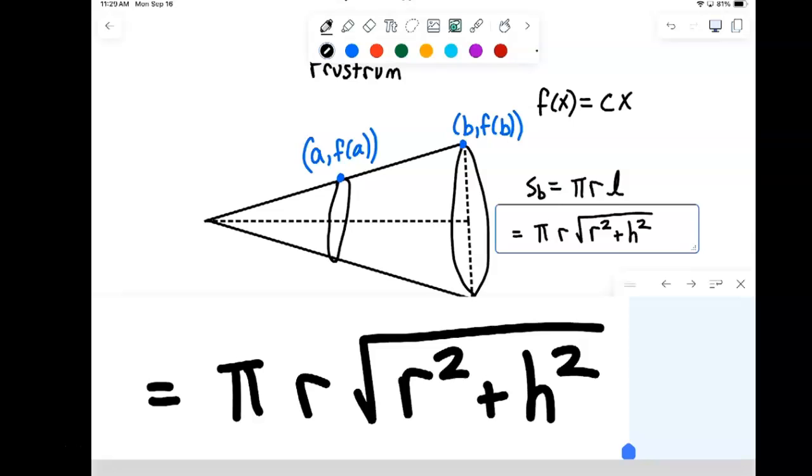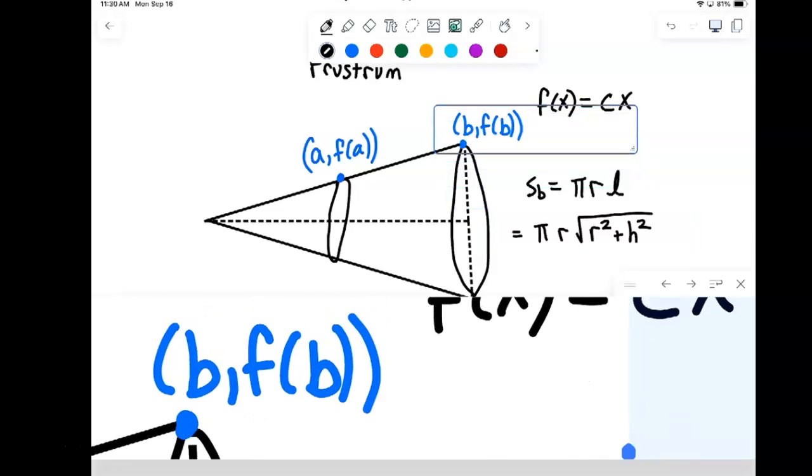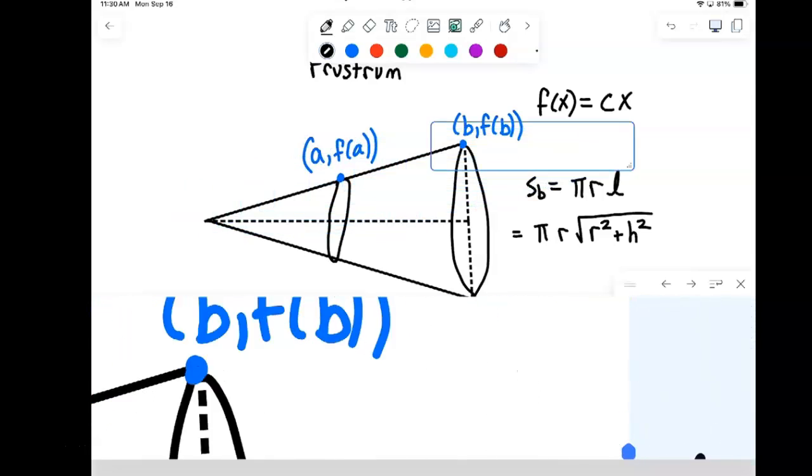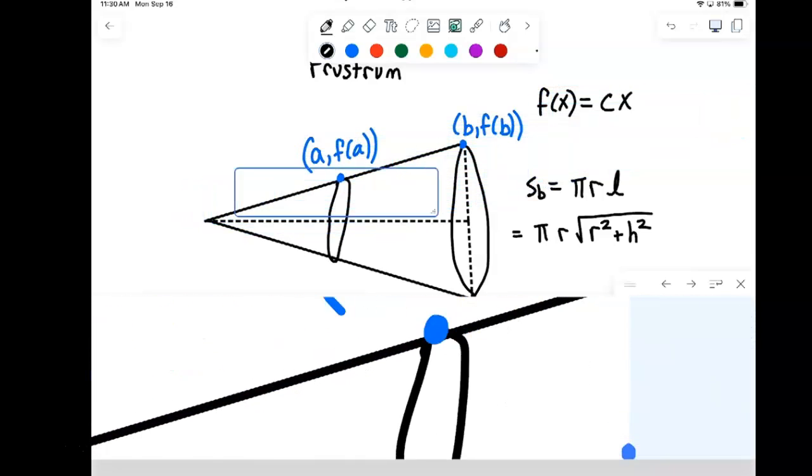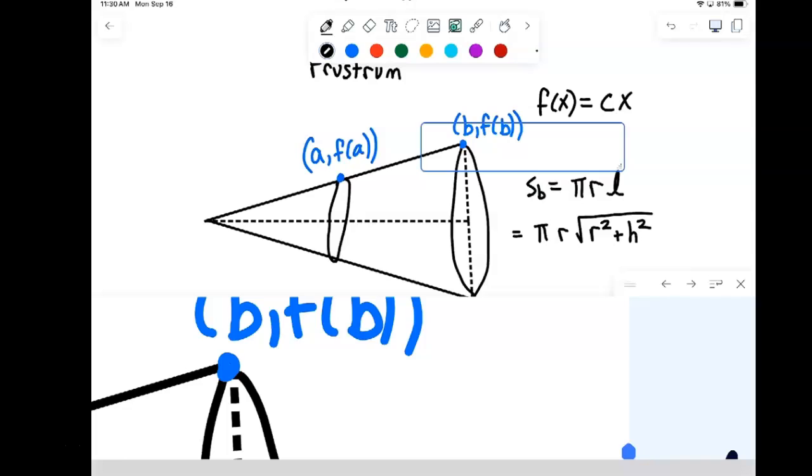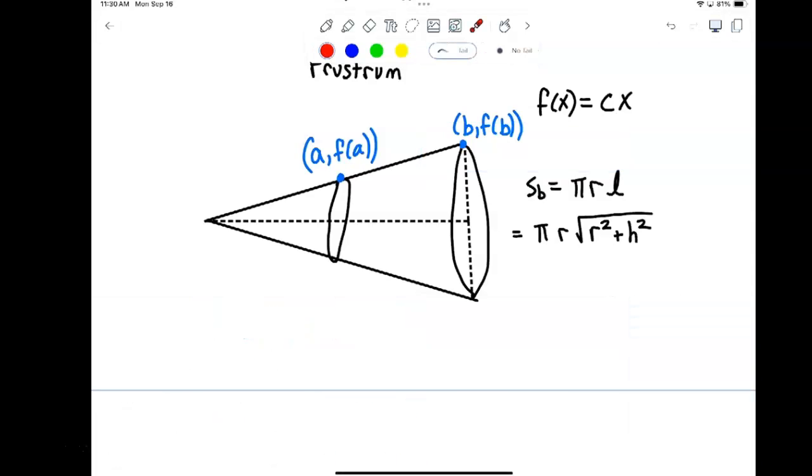Now, in this problem, the radius of my cone is just f of b.